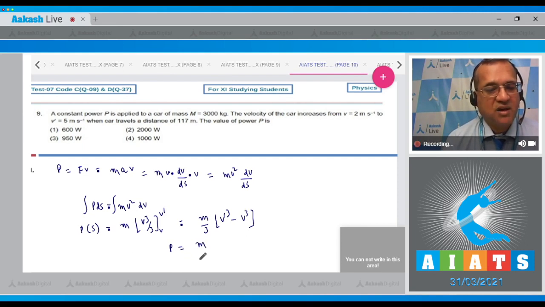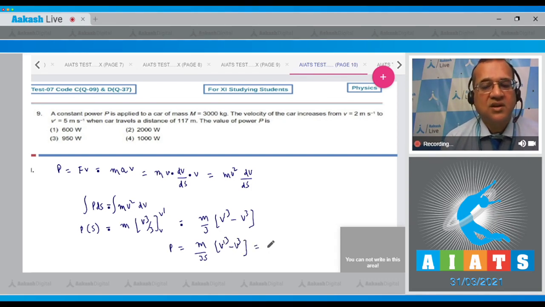Transfer s to this side, m upon 3s into v prime cube minus v cube, right? We have to fill in the values. The mass is 3000 and 3 into s, the distance travelled is 117, and v prime cube, that means 5 cube minus 2 cube. So this is 117, so this cancels with this and you're left with 3000 by 3, which is equal to 1000 watt. So the correct option is 1000, or the fourth option. So answer to this question is 4.